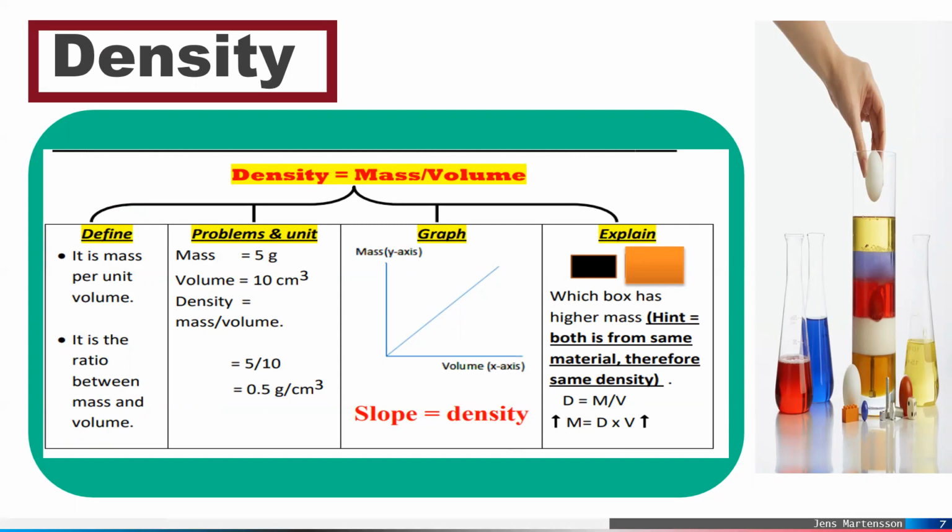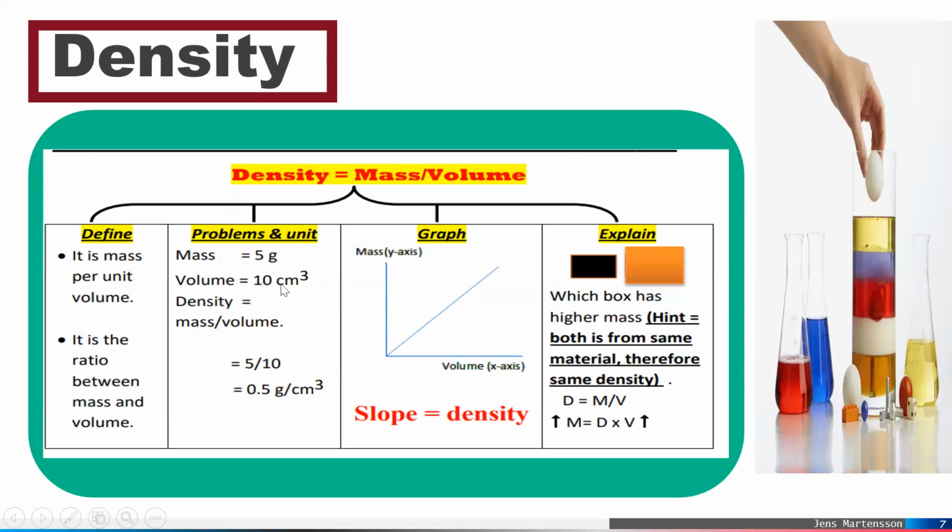The relation between the mass and density is directly proportional, which means the greater the mass, the greater the density. But the relation between the density and the volume is inverse, which means the greater the volume, the lower the density. And of course, the smaller the volume, the higher the density.